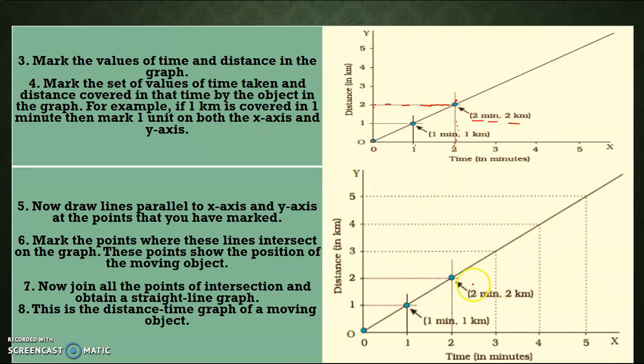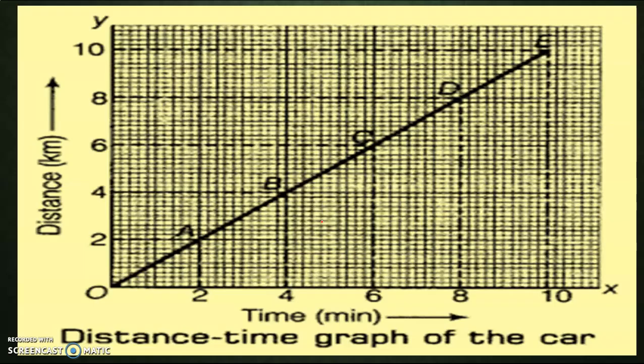Similarly, we will find another point, 4. From 4 minutes we will draw a line parallel to the y-axis, and from 4 kilometers we will draw a line parallel to the x-axis. This is the point of intersection. Similarly, we will find all the points, and these are the points. This is point A, which represents 2, 2.